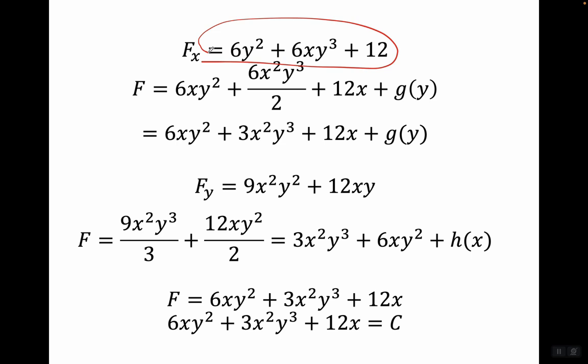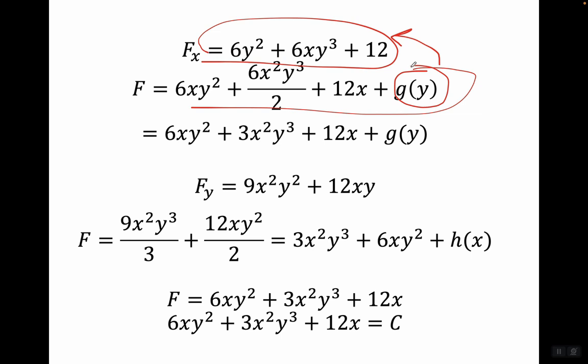We get 6xy² + 6x²y³/2 + 12x plus possibly some function of y, because when you take the derivative of this with respect to x, you're going to get this function. So there might be some function just of y running around in here. When we simplify that, we get 6xy² + 3x²y³ + 12x plus that function of y.